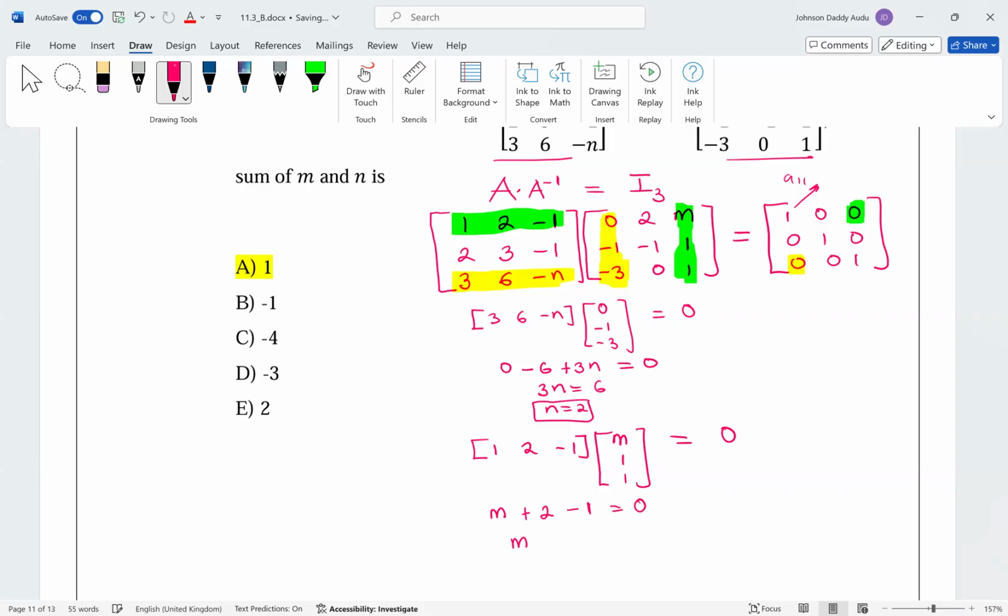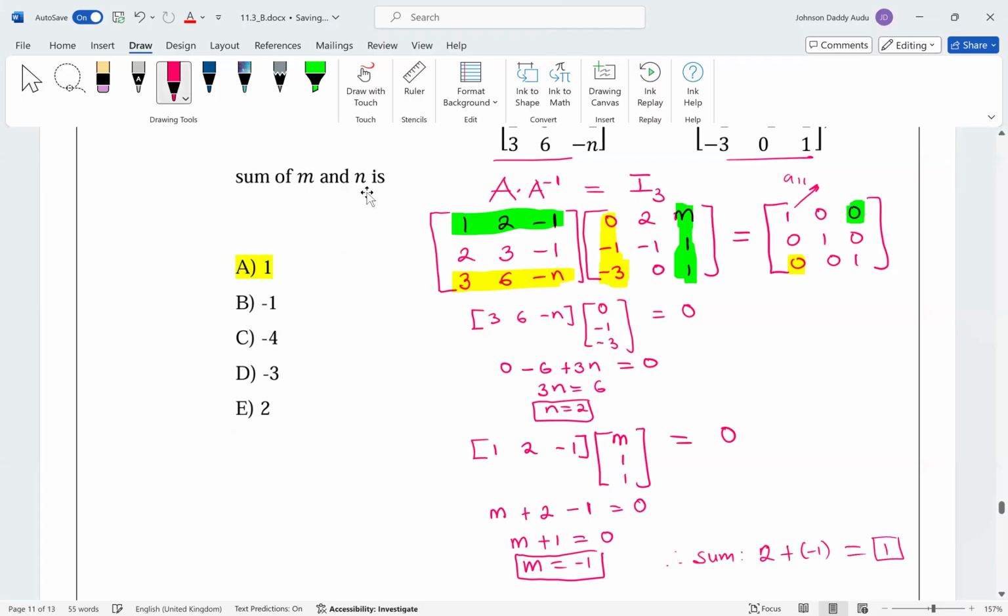So this is m plus 1 equals to 0. So m is equals to minus 1. So now we can find the sum, which is equals to 2 plus minus 1, which is equals to 1.